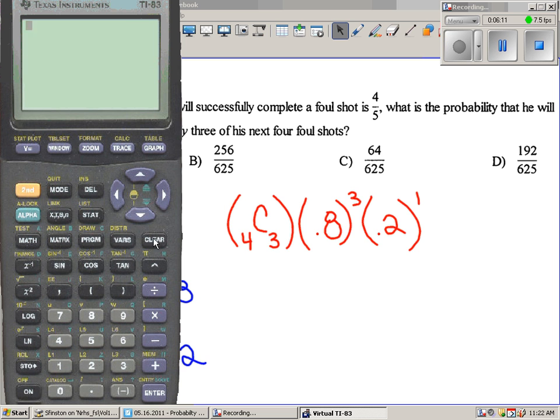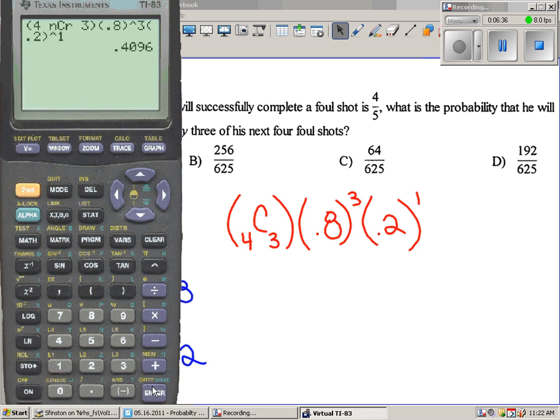Gotta clear it out. There is no other way than doing it this really annoying way, like having to put that number in first, then enter this. If you got a probability of more than 1, that's a ridiculous answer. You must have done something wrong. Raised to the first.